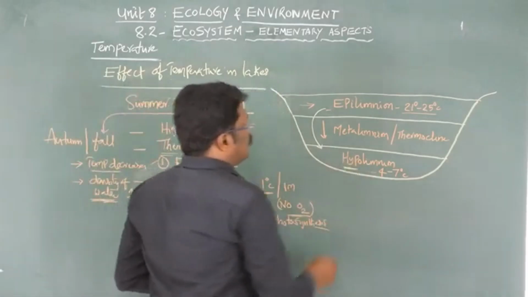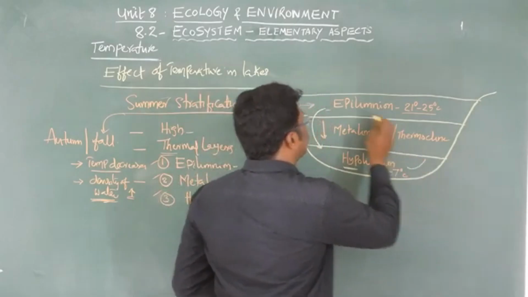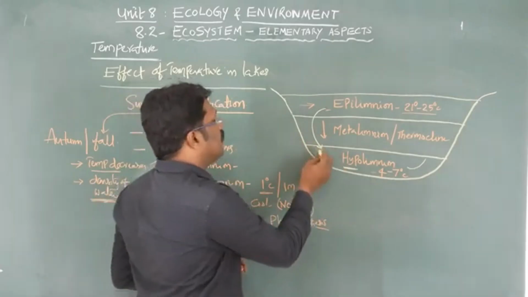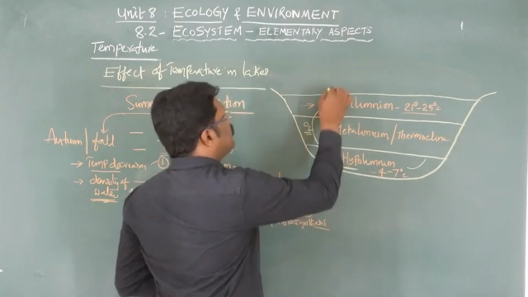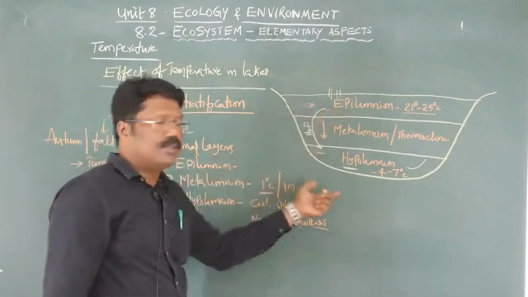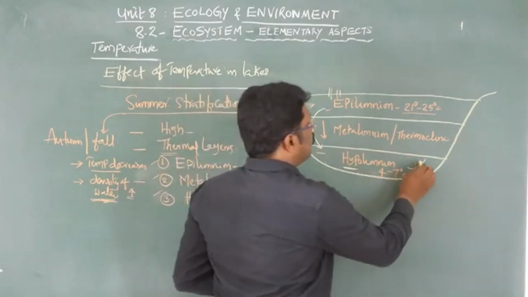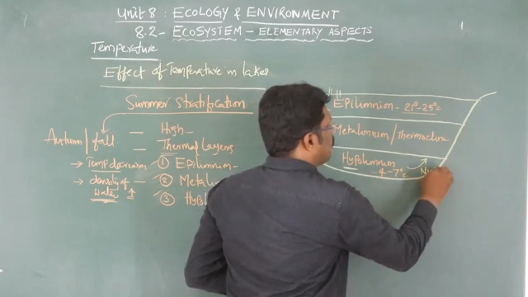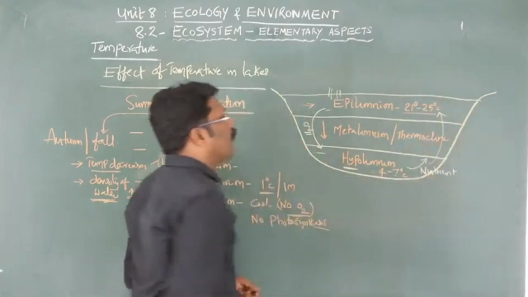And in the lower region, the hypolimnion, since the epilimnion comes down because of its heavy density, it brings some oxygen because it is in contact with the environment. So the oxygen rich epilimnion comes to the downward region, and the hypolimnion region, which has nutrients, will be moving towards the upper region.